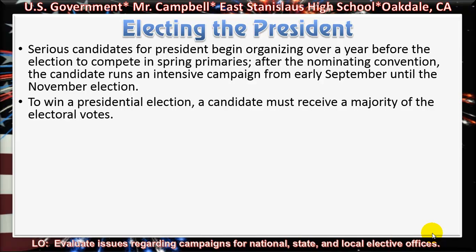So the candidates tend to focus on specific states, and not even just specific states, but specific counties in those states that they know can swing the election. There are some counties, and they can break it down that far, to know that certain counties are very likely to go one way or the other.